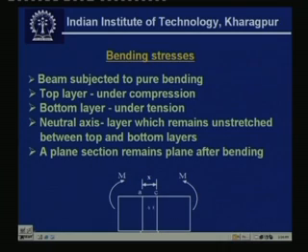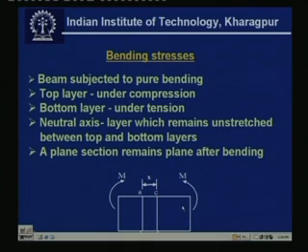This particular axis is called the neutral axis. We also consider that in pure bending the cross section of the beam has axial symmetry, and the assumption is that after bending, the plane section, or cross section, remains plane even after the beam has undergone bending.